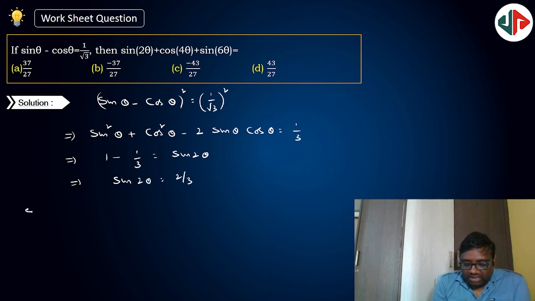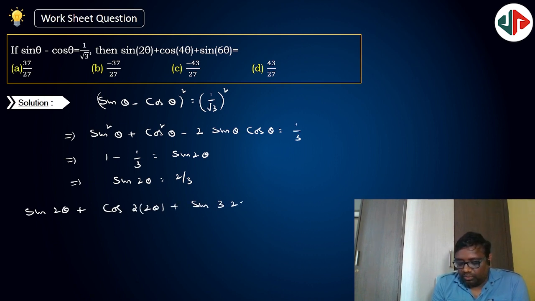Now I want sine 2 theta plus cos of 4 theta, that means cos of 2 into 2 theta. Sine of 6 theta means sine of 3 times 2 theta. Can we rewrite cos 4 theta as 1 minus 2 times sine square of 2 theta? Sine 3 theta means 3 times sine theta minus 4 times sine cube theta, so with 2 theta it is 3 times sine 2 theta minus 4 times sine cube of 2 theta.